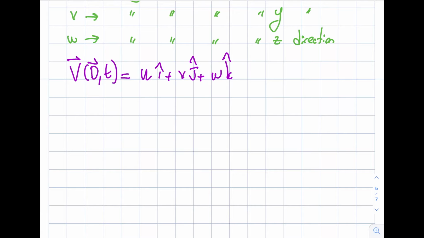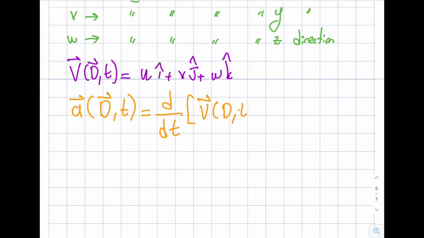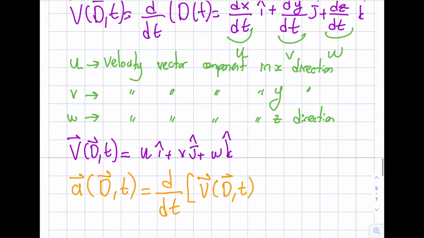Okay. Now the acceleration, which is a function of the displacement and the time, will be the rate of change of velocity, which is also a function of the displacement vector and the time. So now I have some issue over here.